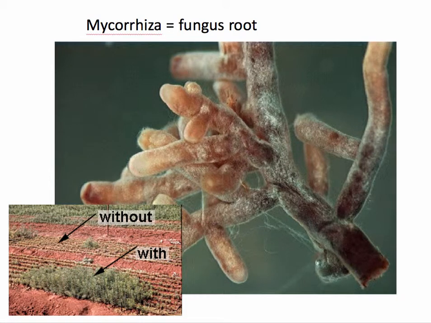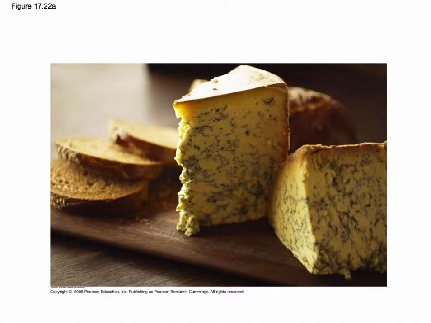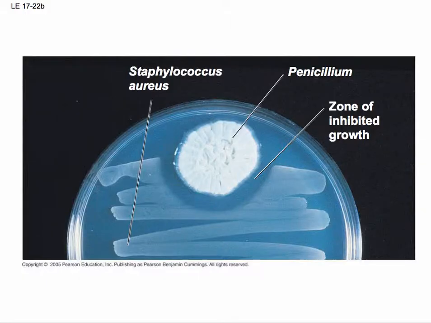Finally, in terms of human uses of fungi, many cheeses, such as blue cheeses, are cultured with fungi, and so blue cheeses of various sorts get their distinctive flavors from the fungi, usually a penicillin-type mold, which brings us to the next relationship between fungi and people.